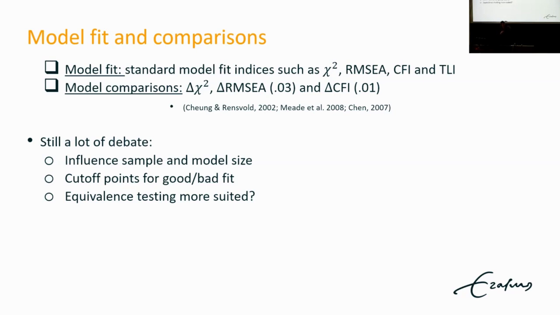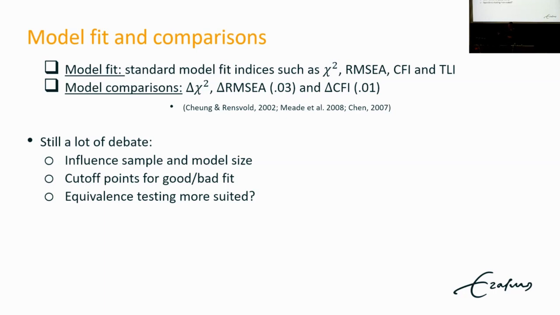And when it comes down to model comparisons, we want to know whether the constraints that we impose on the models in these different steps lead to a worse fit, whether the factor loadings, for example, can be constrained to be equal. Then they should not be too different, because that will lead to a really worsening of the fit. Then you're not allowed to constrain them, right? So for that, you can look at difference values of these fit indices, like the chi-square difference test, or the difference in the RMSEA value, or CFI, for example.